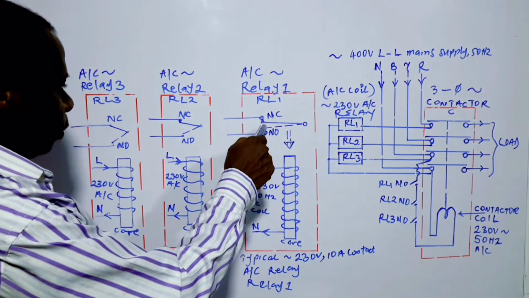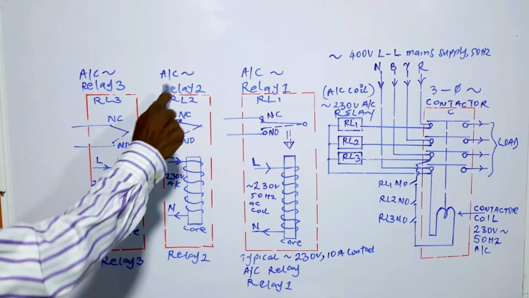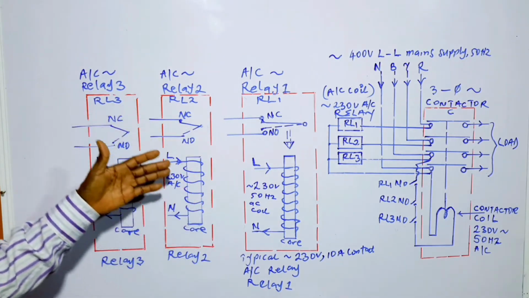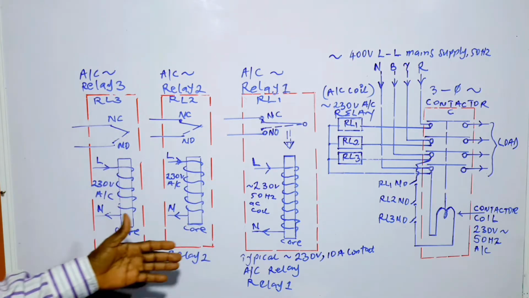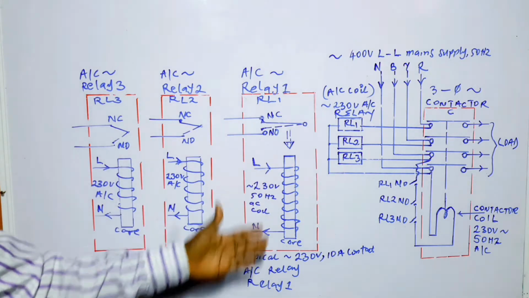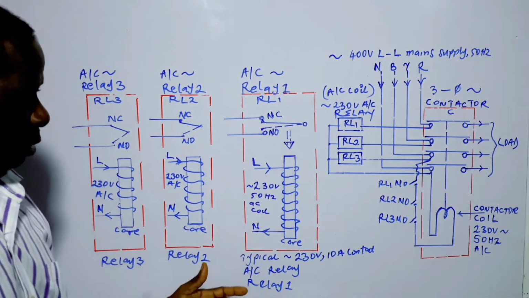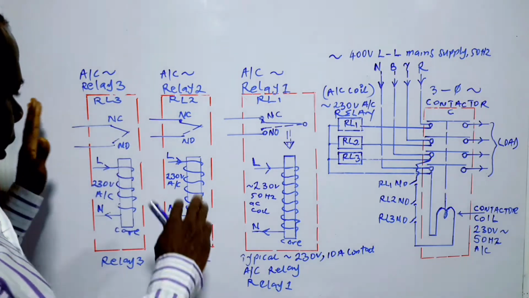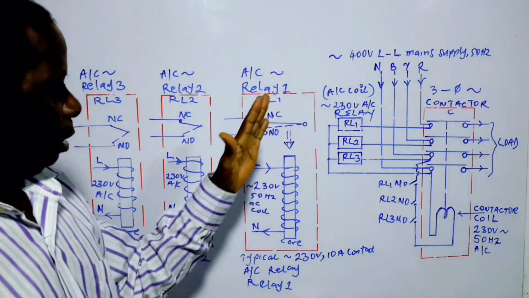This is the normally open and this is the normally closed contact. The three relays are the same. This just shows the internal mechanism of the relays. So the way the situation is now, the system is inactive.